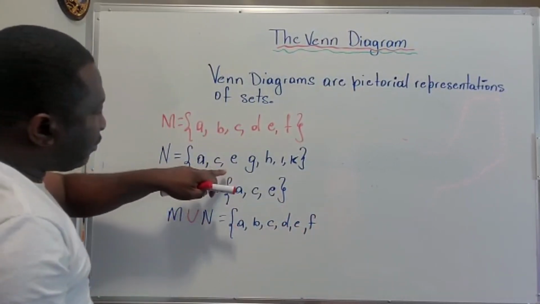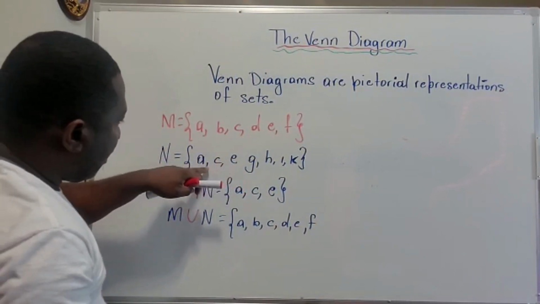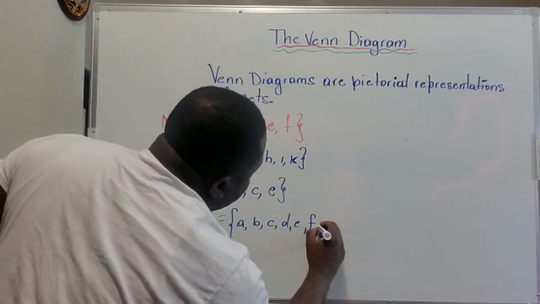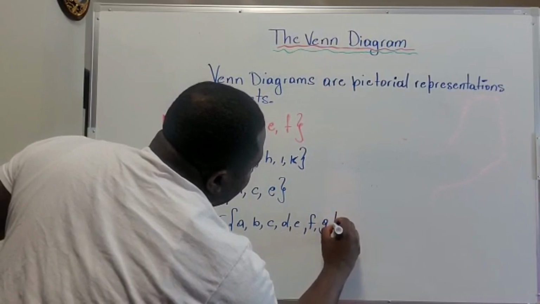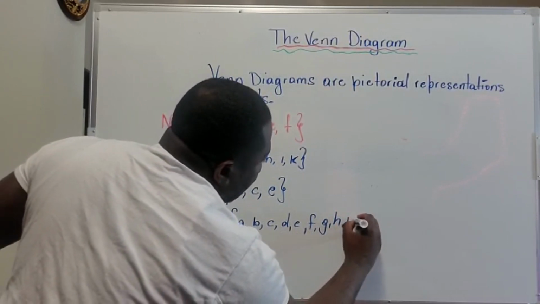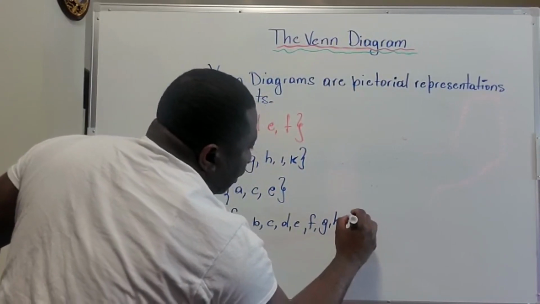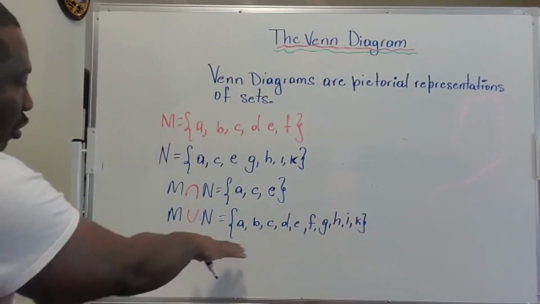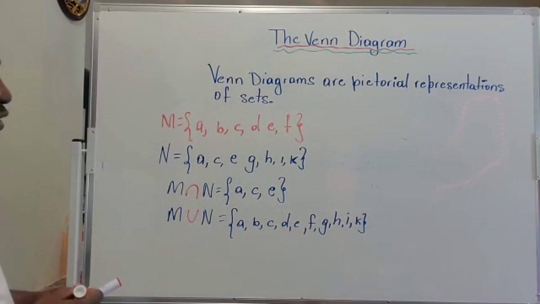Are there any other elements? We have A, B, C. So we need to put in G, H, I, and K. So these are the union of both sets.